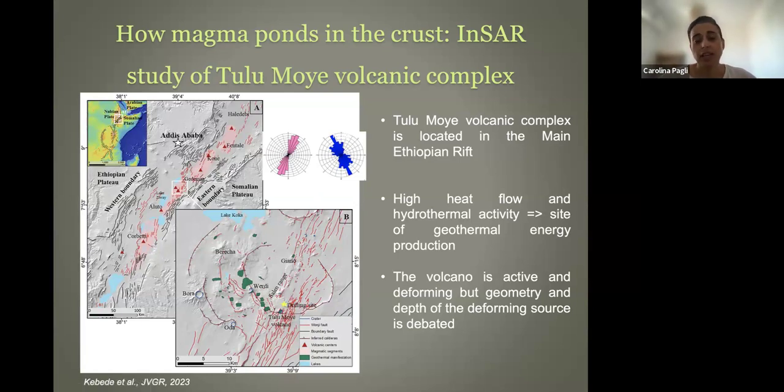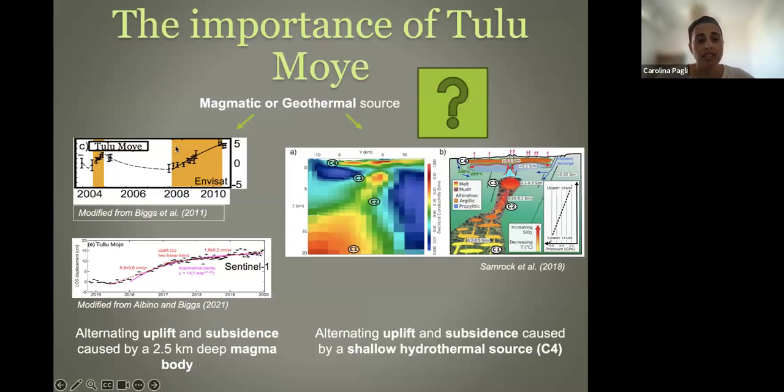So we know that the volcano was very active because in the past it was studied with the previous SAR missions. So we knew that between 2004 and 2010, there was some uplift and subsidence. This was already modeled, and it was attributed to a magma chamber at 2.5 kilometers depth.